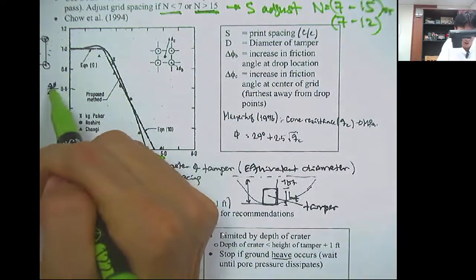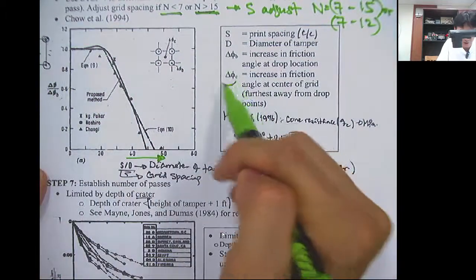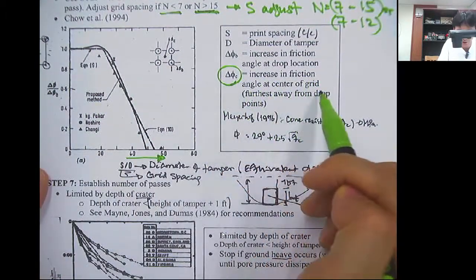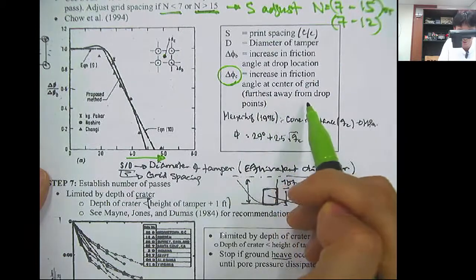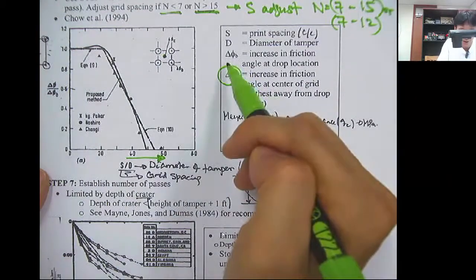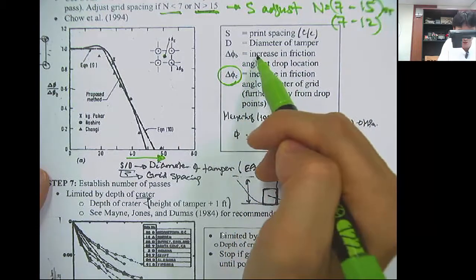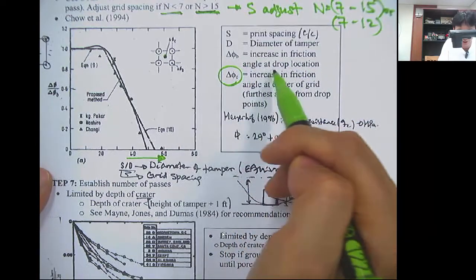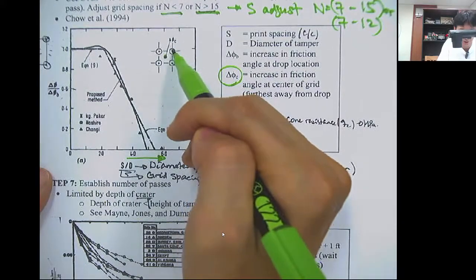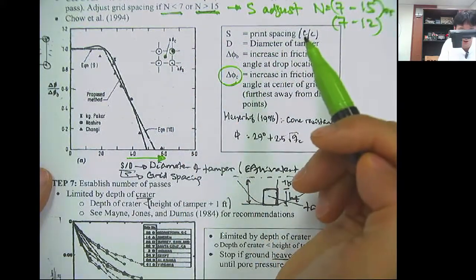Here delta phi sub c is the increase in friction angle at the center of the grid, further away from the dropping point, and delta phi sub b is the increase in friction angle at the drop location. So the friction angle increases at this location.